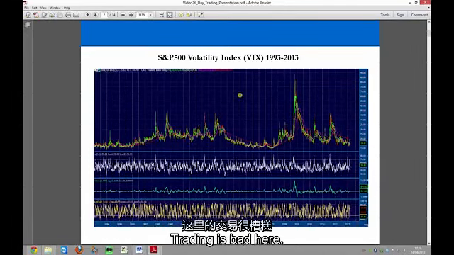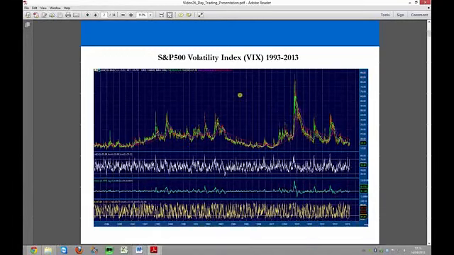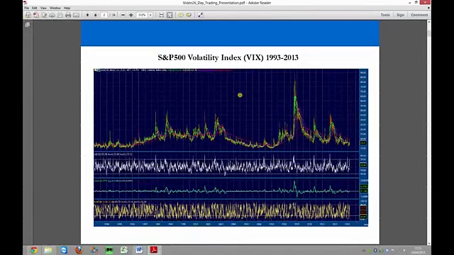So we're not saying day trading is bad here. All we're saying is that the market tells us that we can't do it 80% of the time, but 20% of the time we can.